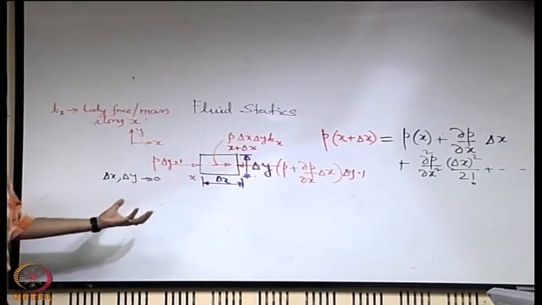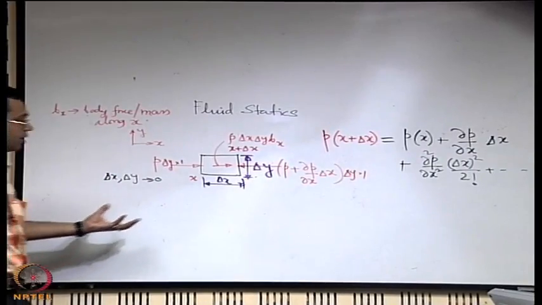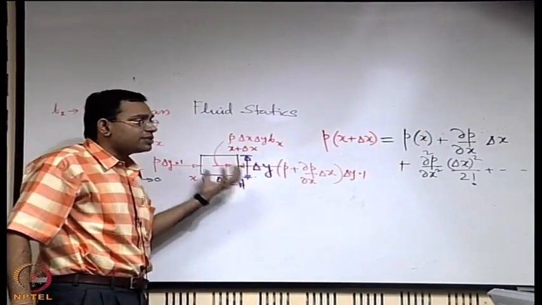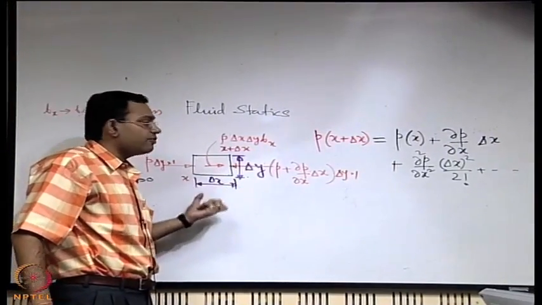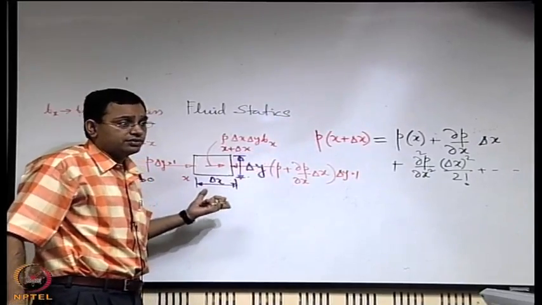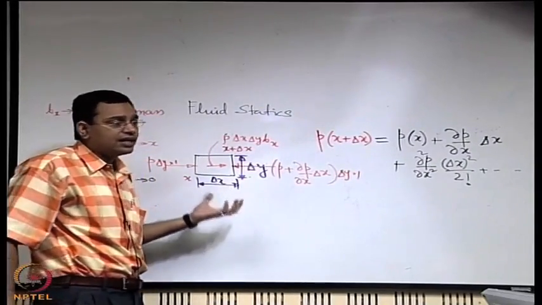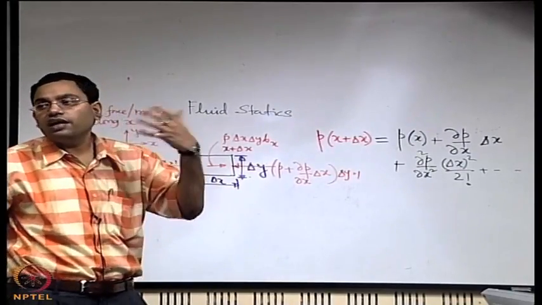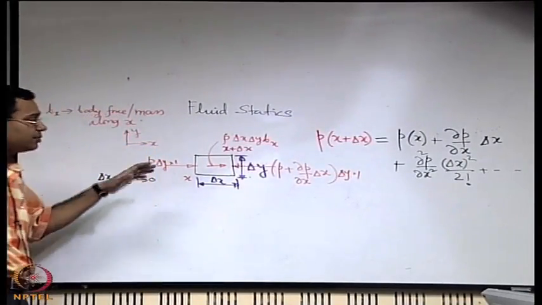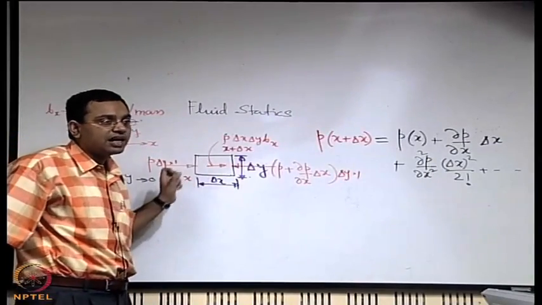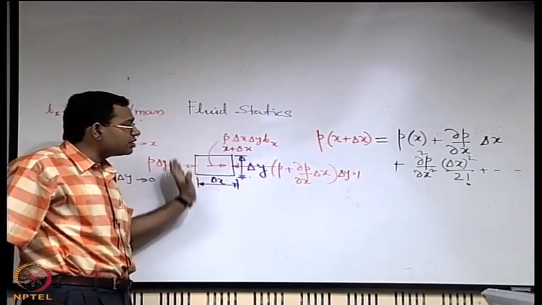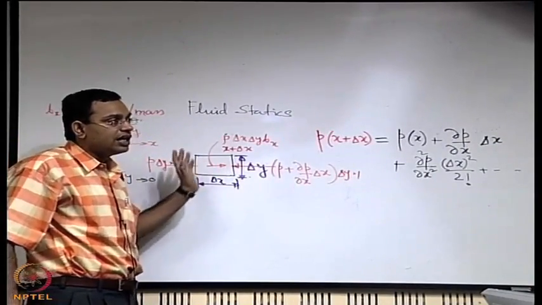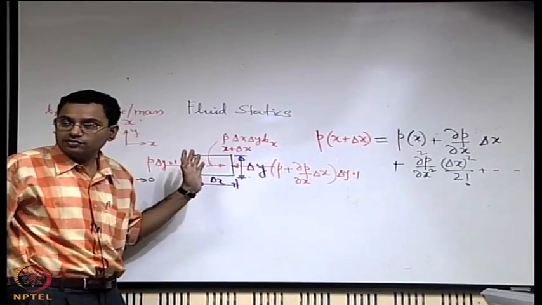The answer is what? See, what is the difference between a fluid element at rest and fluid element under rigid body motion? The only difference is that when it is under rigid body motion, it might be having a velocity, acceleration and so on, but in terms of the surface forces which are acting, if the fluid element is non-deforming, then there is no shear component of force.